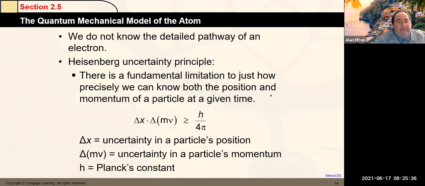So what that means is we move away from the idea we had in Bohr's model, this planetary model where I know an electron is here and is traveling in a nice, pretty circular path around the nucleus, to how electrons really travel, which is we don't really know how.